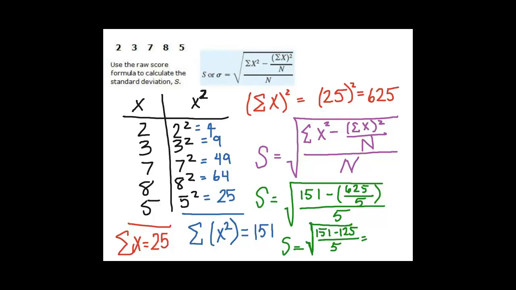Keep working it into more condensed forms, and you end up with s is equal to the square root of 5.2. Now go to your calculator, take the square root of 5.2, and you get an s of 2.28. Final answer, the standard deviation of this sample is 2.28.